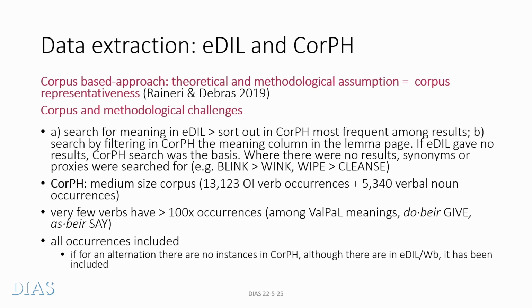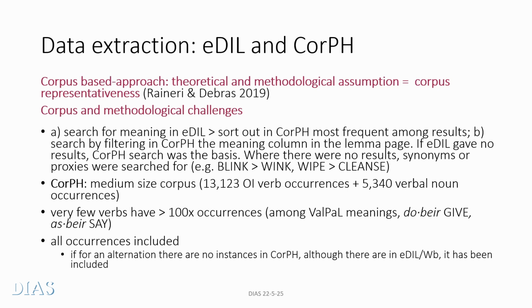Now, Corf is a medium-sized corpus. For example, for Gothic, you have a very small corpus, so all examples have been taken into account. For Greek, for example, the corpus is a closed corpus, but a much bigger corpus. So when occurrences were too many, just 100 random occurrences were taken into account.